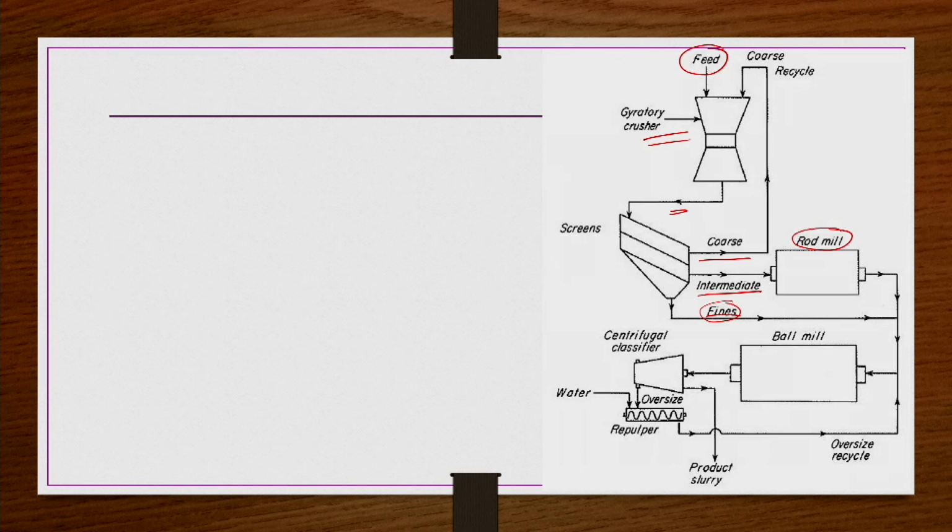One can arrange this size reduction equipment in such a way that you can operate in closed circuit mode, save as much energy as possible, and get a product with as narrow a particle size distribution as possible. That is the advantage of closed circuit operations.